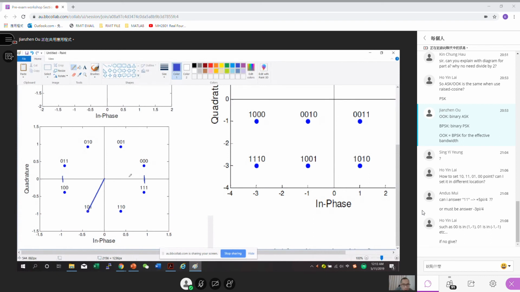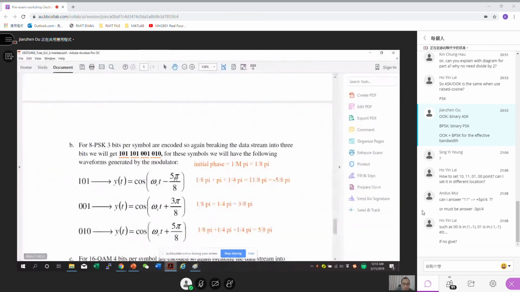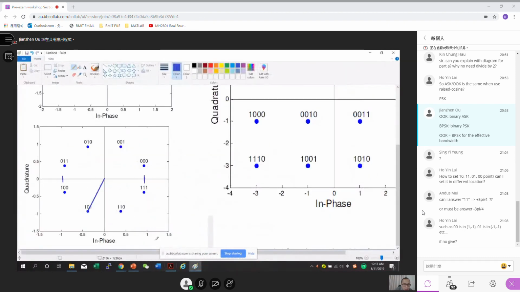And the radius is 1 here. So that's why the magnitude should be 1, no matter which dot it is, because it's an APSK. So you can see the magnitude here is all 1.